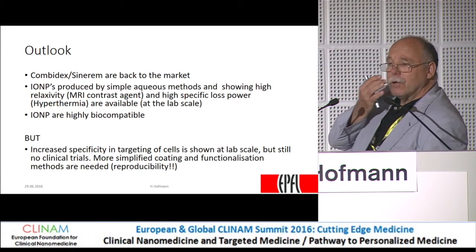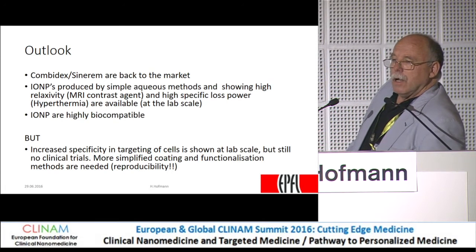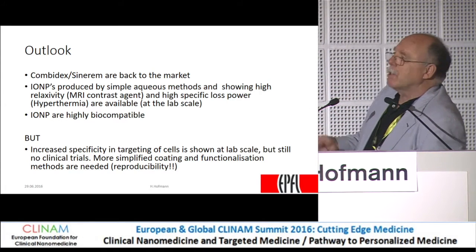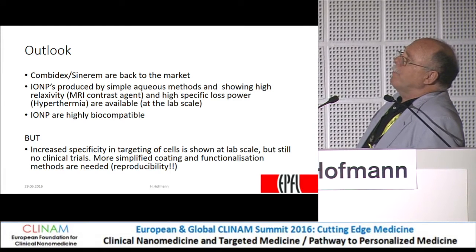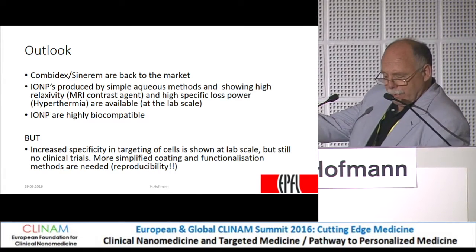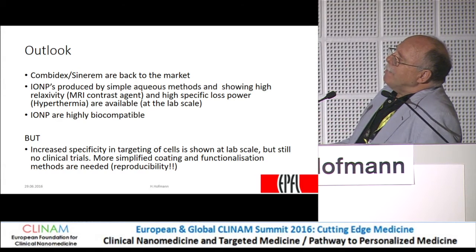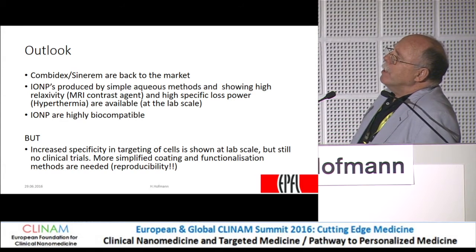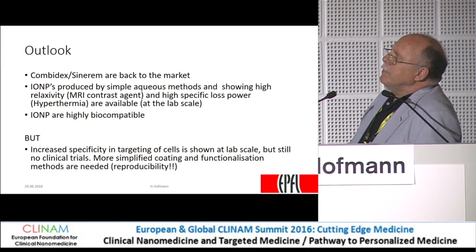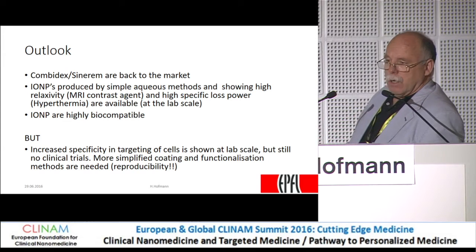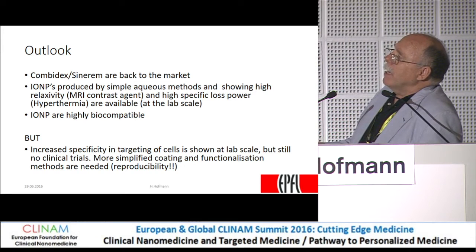So now the outlook. Combidex is back on the market, so we have particles for imaging, maybe with further functionalization. Then IOPs can be produced in a simple aqueous method, showing high reactivity and high specific loss power. So they are highly biocompatible.